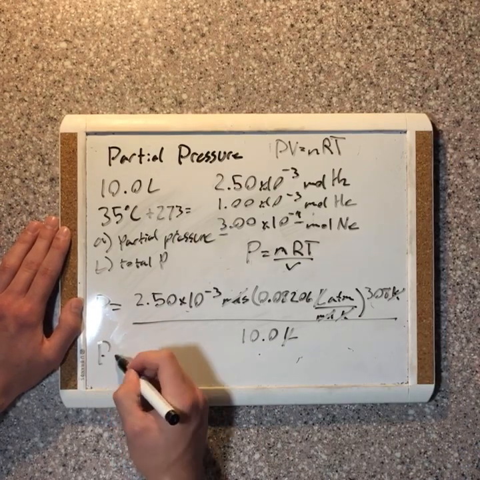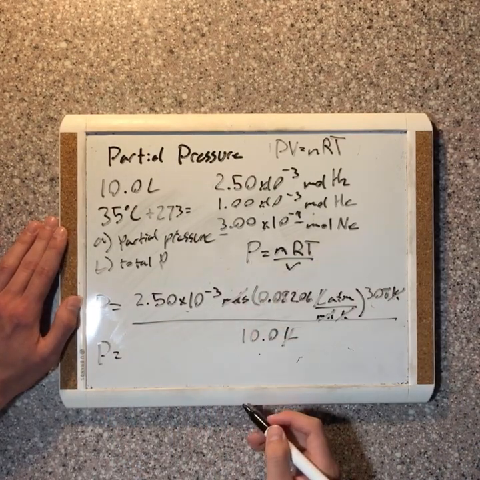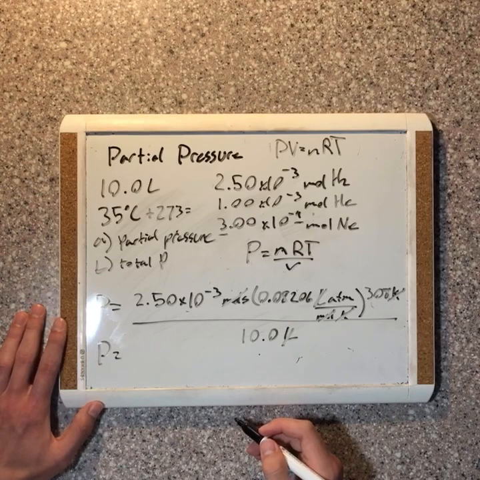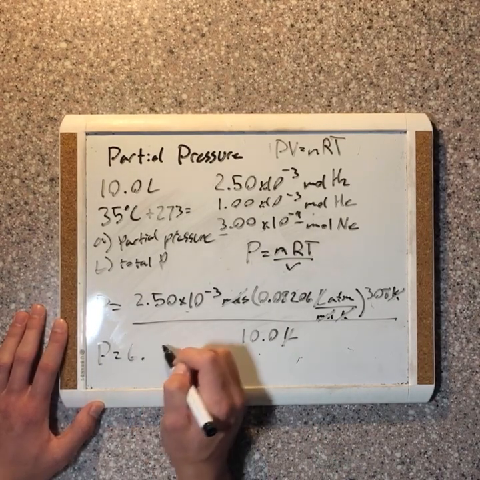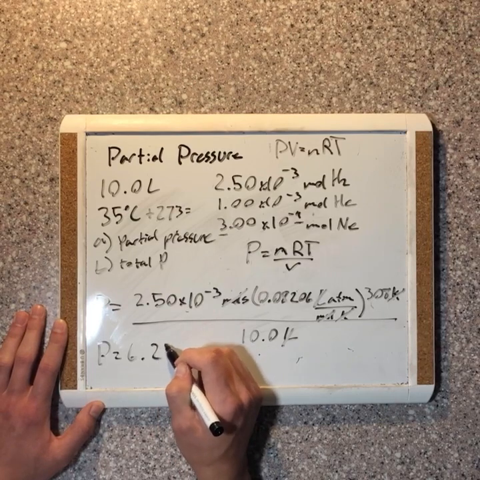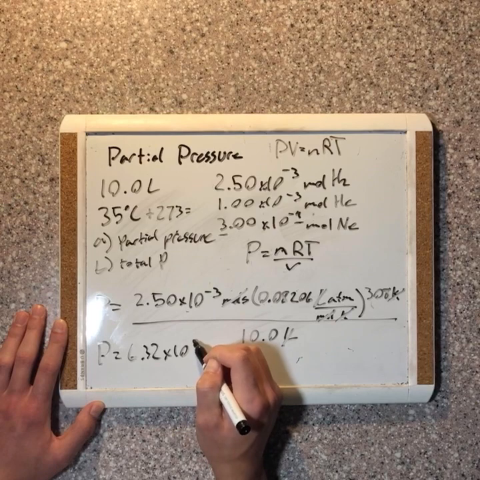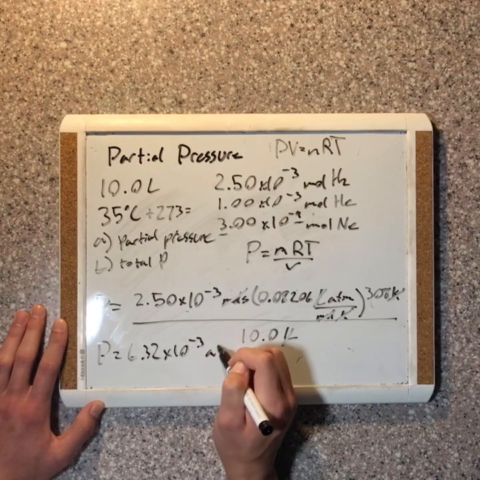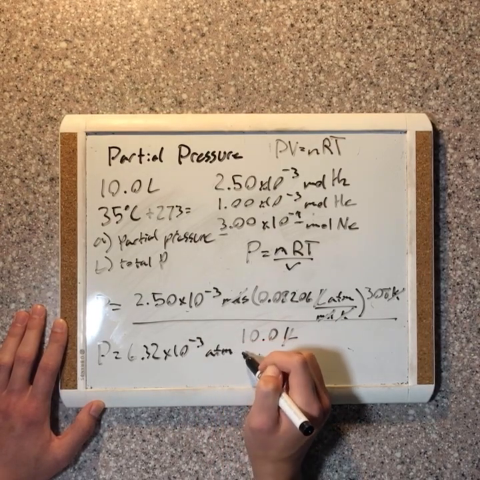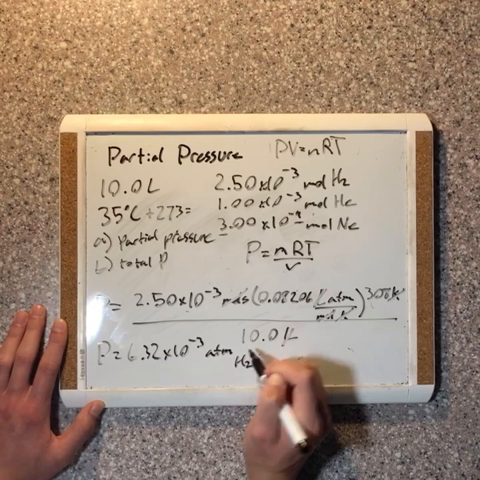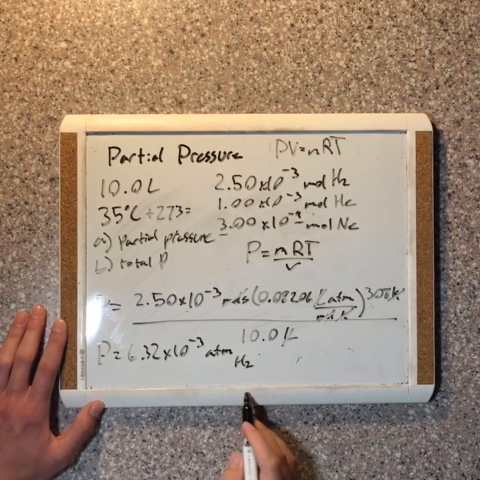So our pressure for hydrogen is going to be 6.32 times 10 to the negative 3 atmospheres. Right, so that's for hydrogen gas only.